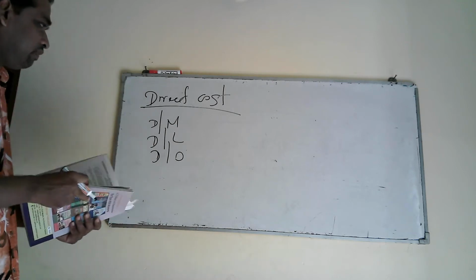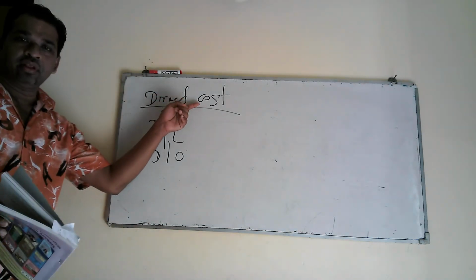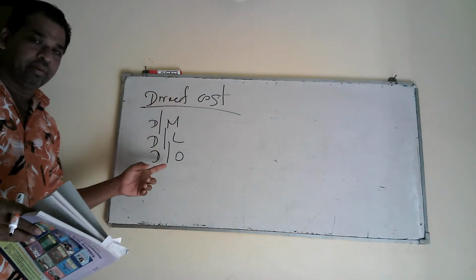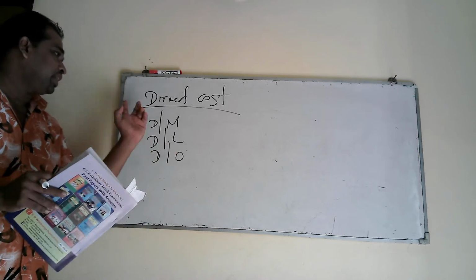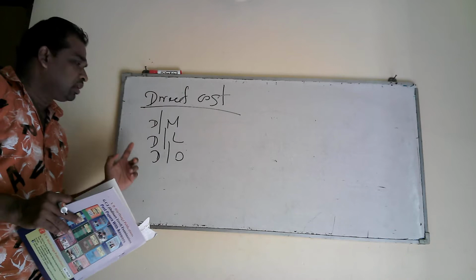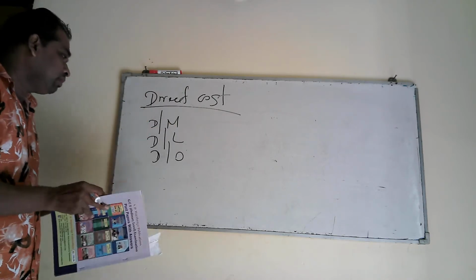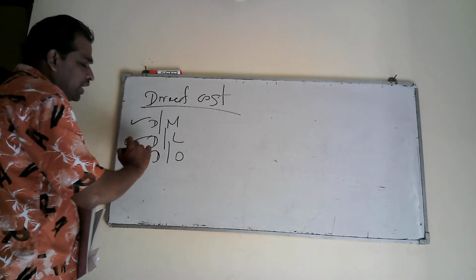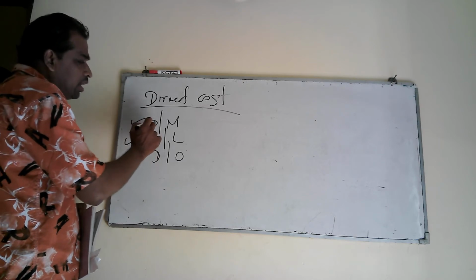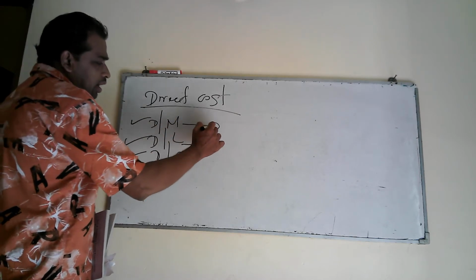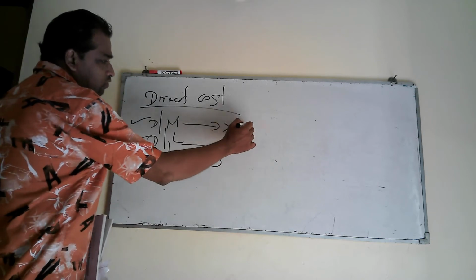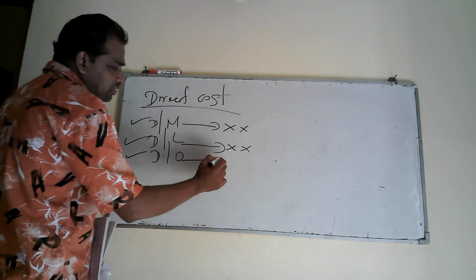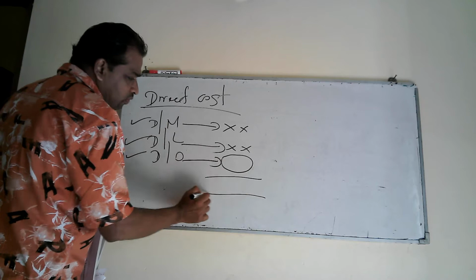If you are given the total of this and the other two elements' values, you can easily calculate the balance one, because direct cost consists of three elements: direct material cost, direct labor cost and direct other cost.